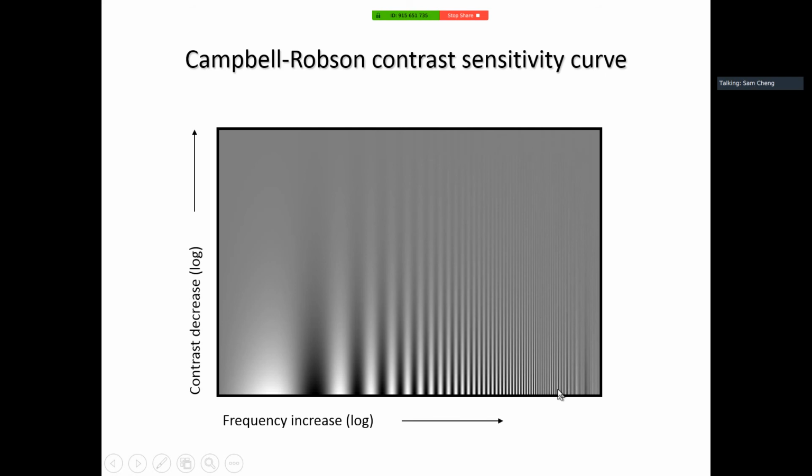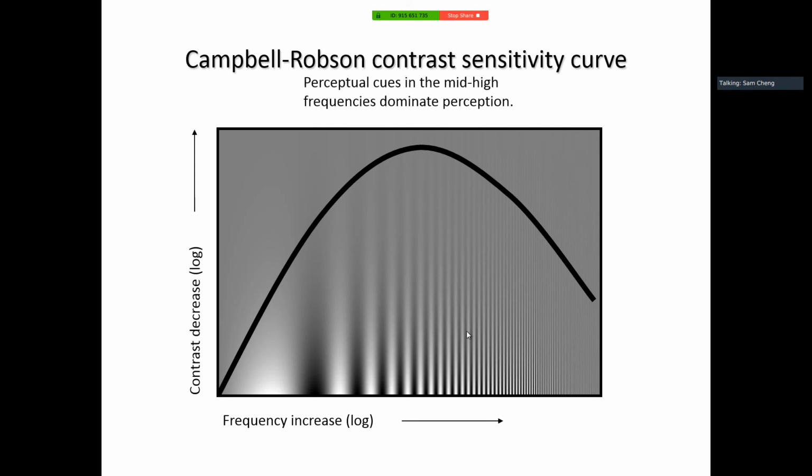And of course on the x-axis you have different spatial frequencies. Typically, this is what people can distinguish, the difference for different contrasts.